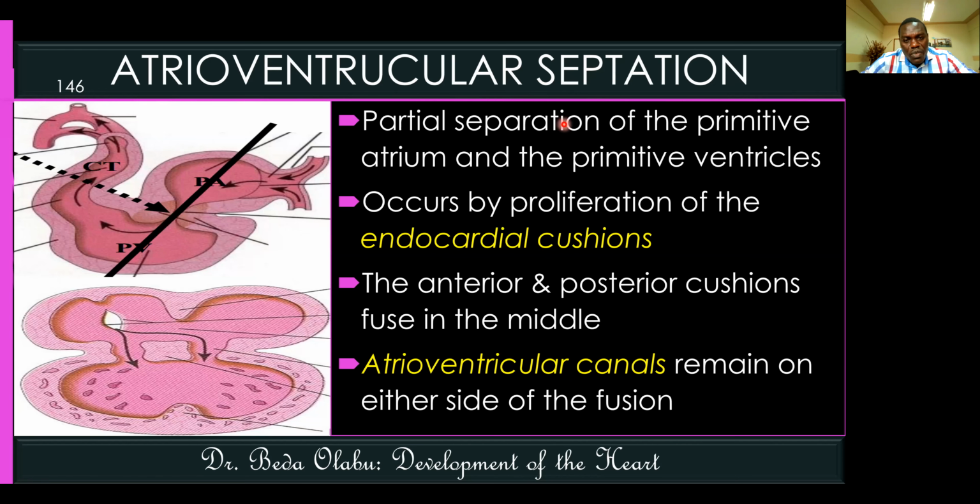Just write so that everyone can see, so that you don't have to repeat what someone else has written. You can write in the chat, I'll be seeing. What kind of congenital anomalies do you expect if atrioventricular septation goes wrong? Write in the chat, you have a minute.